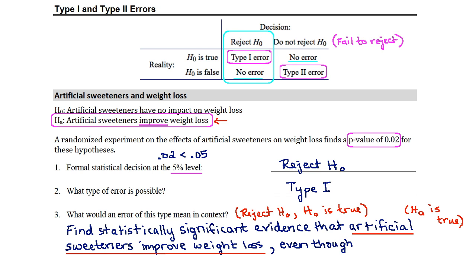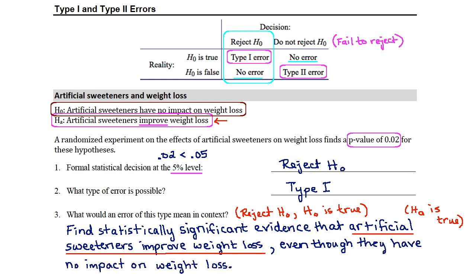So we want to look now at the null hypothesis and put it in words, which we already have here, so we can just copy down these words. So even though artificial sweeteners have no impact on weight loss. And we can just say even though they have no impact on weight loss, because we've already established that we're talking about artificial sweeteners. So the simplest way of thinking about what the bare bones statement is: we find statistically significant evidence that HA is true, even though H naught is true.